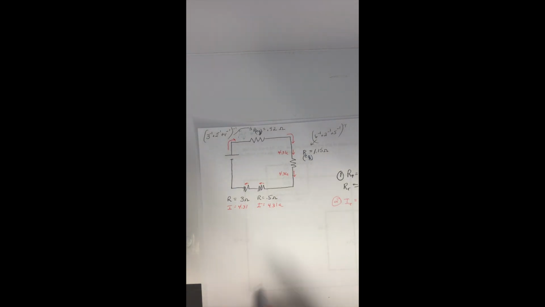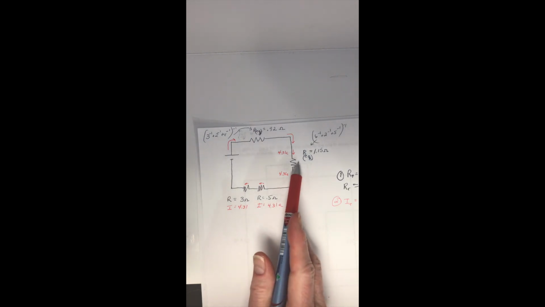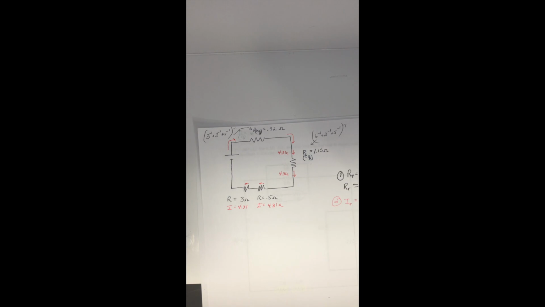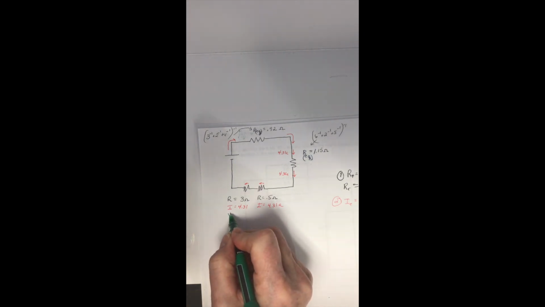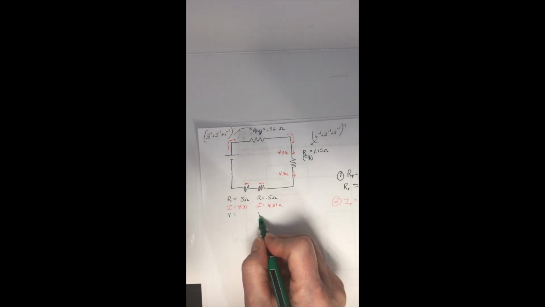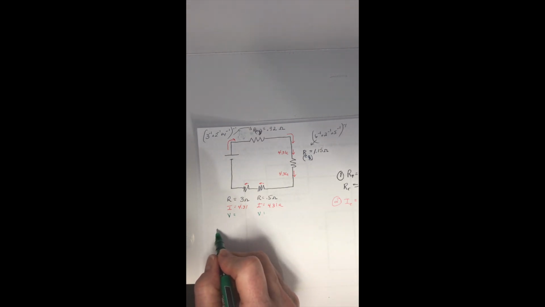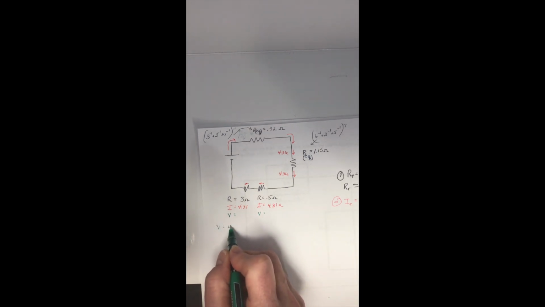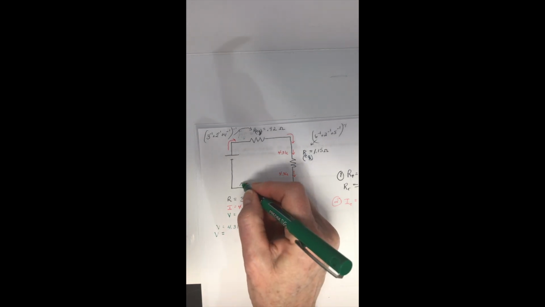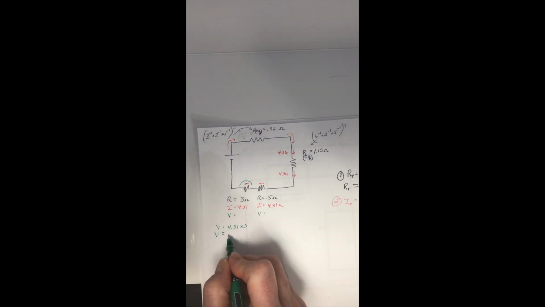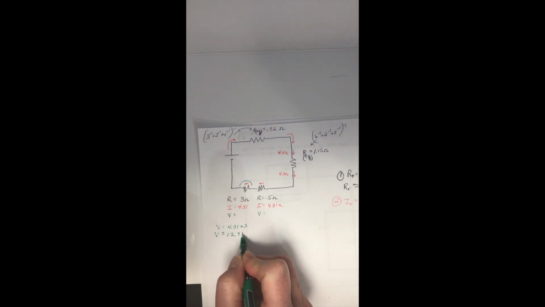All right, so I'm supposed to find V and I for this, and there's one inside of here. So I can now find the voltage using Ohm's law for both of these. So I'm going to say voltage equals 4.31 times 3, and the voltage drop across this guy is 12.93 volts.